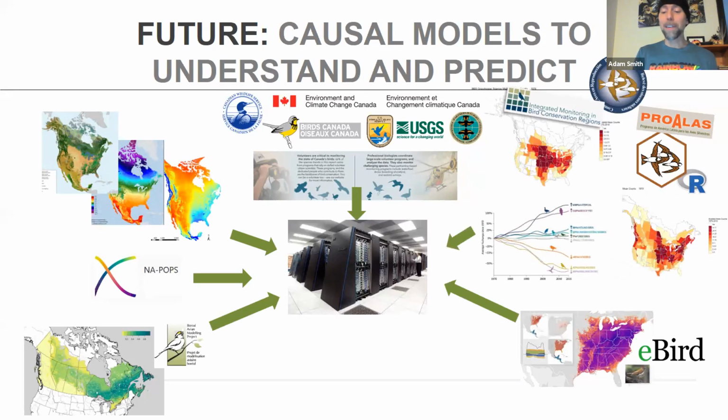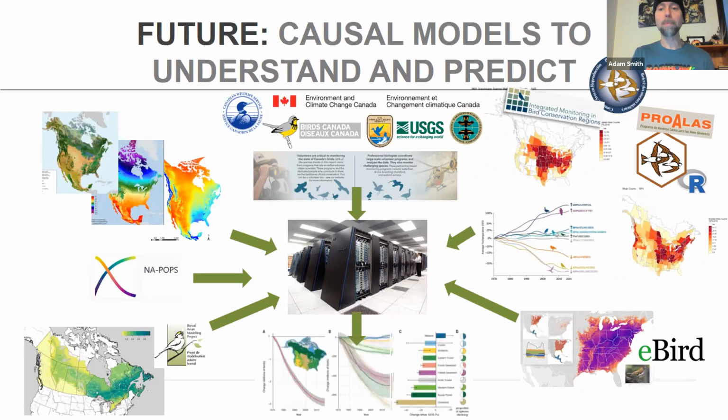We have the computational tools, the supercomputers required to manage and use all of these massive data sets. And so we're at a point where, as an agency, we're thinking we could be doing this on an annual basis. We could be reproducing essentially the 3 billion birds analysis every year.